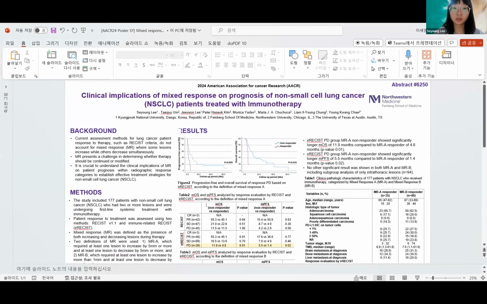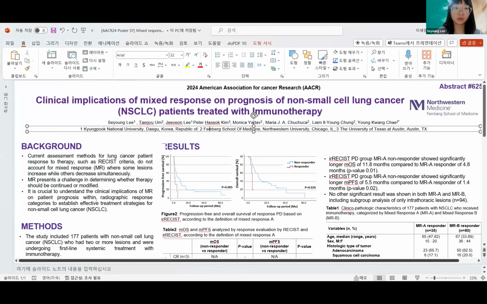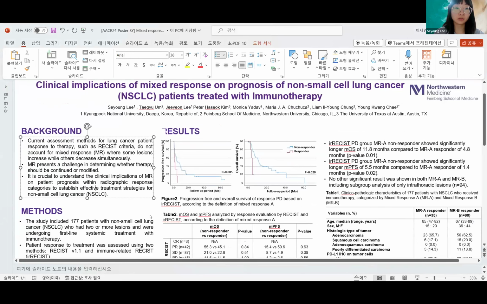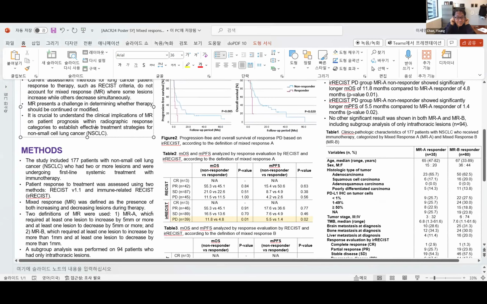Can you see it? Yeah. Let's start from here. Background, method.